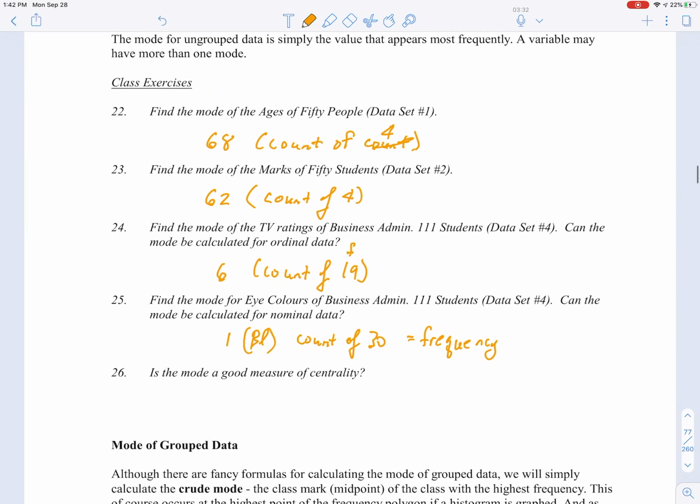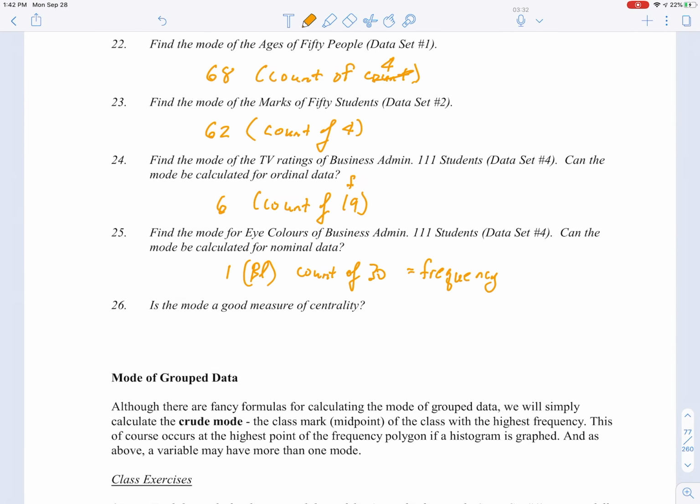So the question is, is the mode a good measure of centrality? I want to give you a couple of cons, but then also a pro here. The couple of cons: well, the problem is that you can have more than one mode, or no mode.